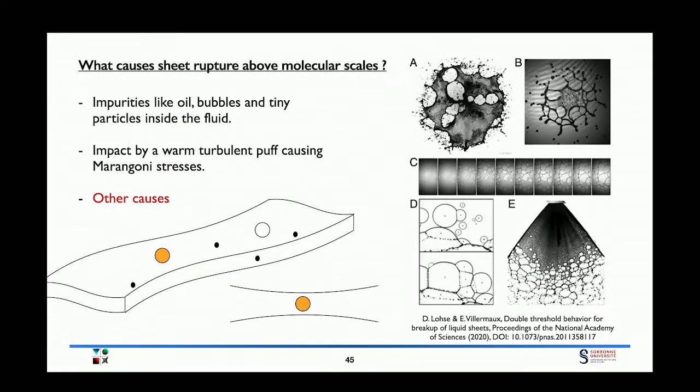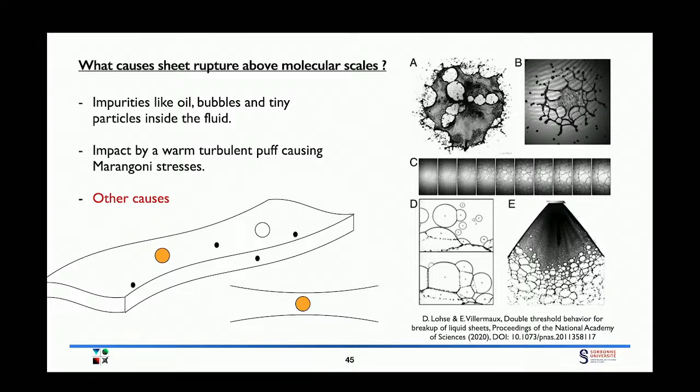Now, why this sheet rupture happens, the exact reason is not perfectly known, but we know some causes. Above molecular scales, that is, before reaching the nanometric size where van der Waals and other forces become important, at micron scale, sheets could rupture because of impurities like oil droplets. For example, in this image you have many sheet ruptures happening because of these impurities.